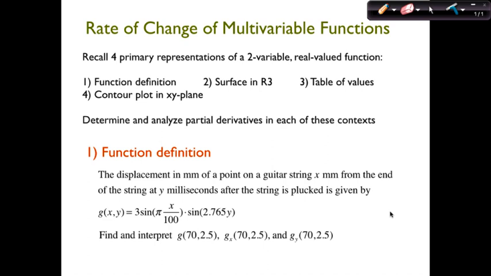And over here on the right, the partial with respect to y at 70, 2.5. Once we get those numbers, we'll share them with each other and then work on interpreting them. Confirm among yourselves, or among the people around you doing the same thing. Again, make sure your calculator's on radians, not degrees.